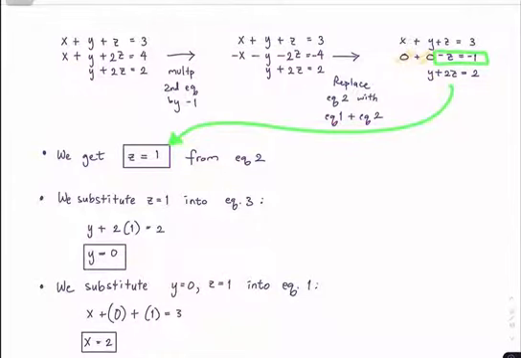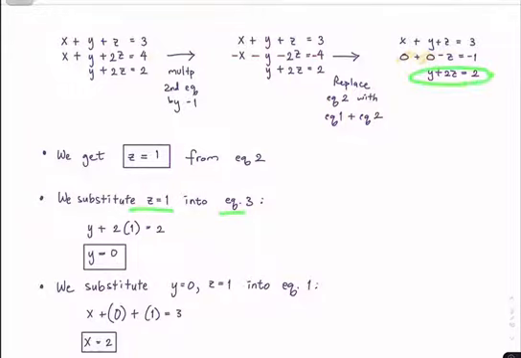Now I will do what's often called back substitution. I substitute z equal 1 into one of the other equations. I will substitute it into the third equation because I see that it is simpler than the first equation, because the third equation only has 2 variables.